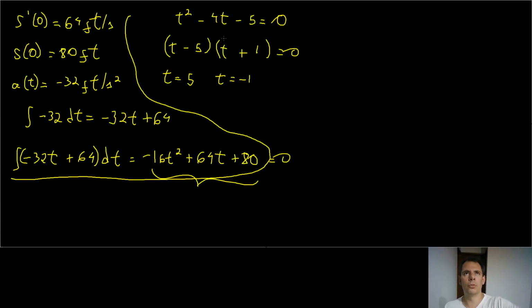Okay, we threw something from above the ground, remember, it was at 80 feet. So let's just say that the ground was here. The ball was already here, being thrown with a velocity of 64 feet per second. And then it goes up and it comes down and it's going to hit the ground at time t equals 5.